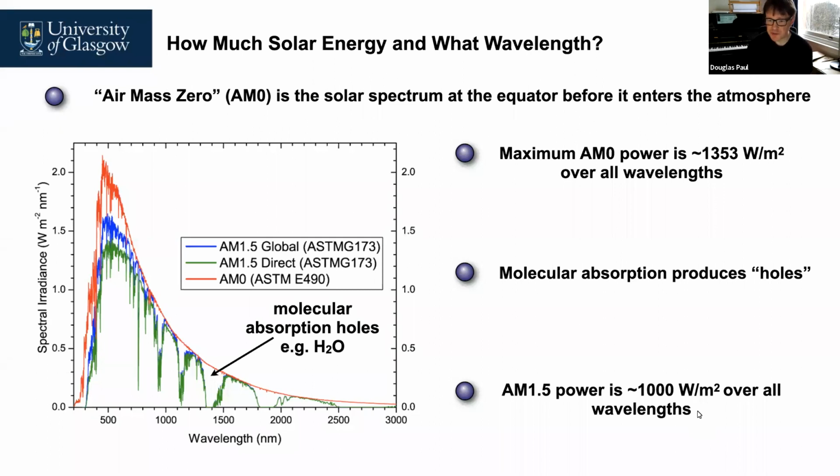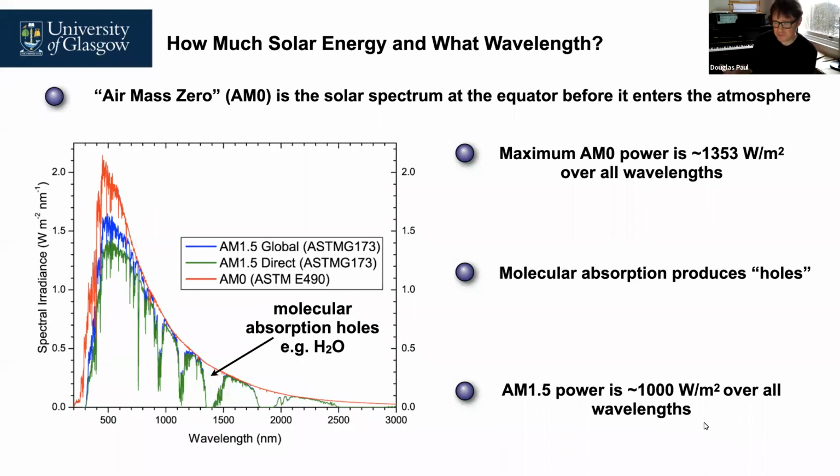So this is not just because of the US NIST laboratory being at that latitude. It actually turns out this is a nice, easy way to remember the standard test for any photovoltaic cell, that the amount of energy is 1,000 watts per meter squared.